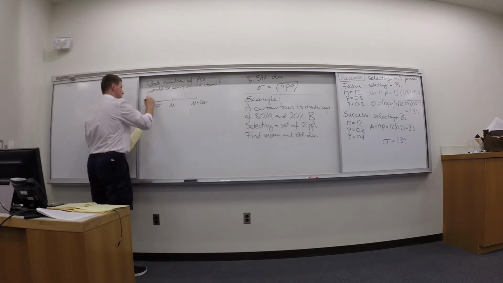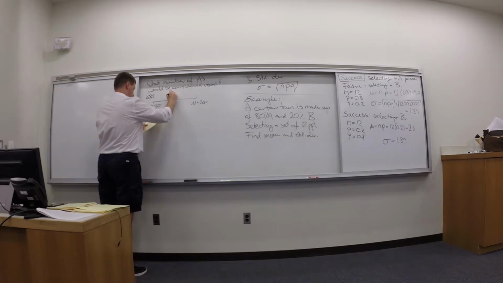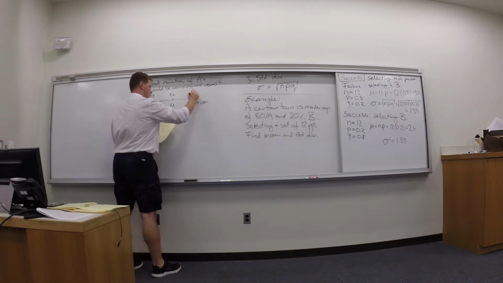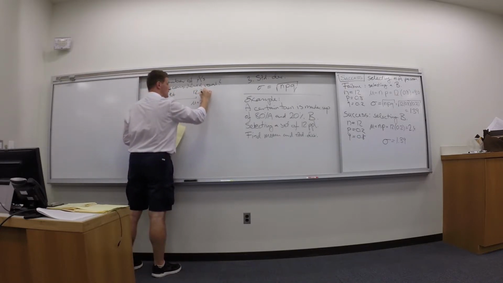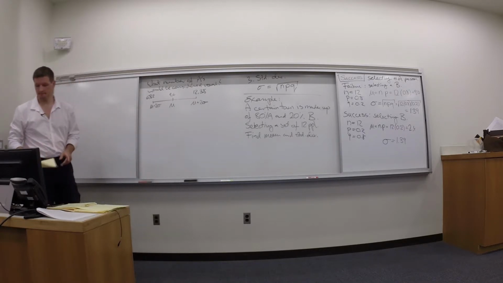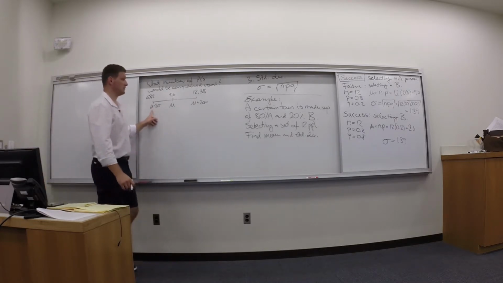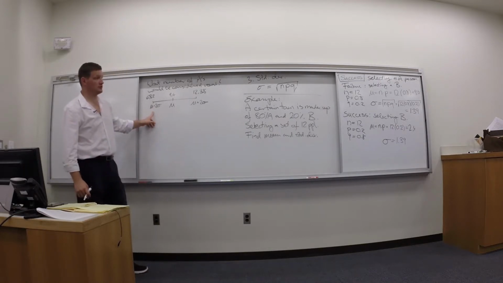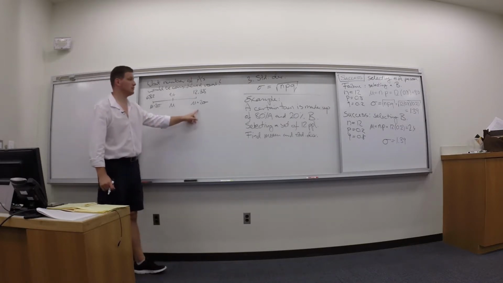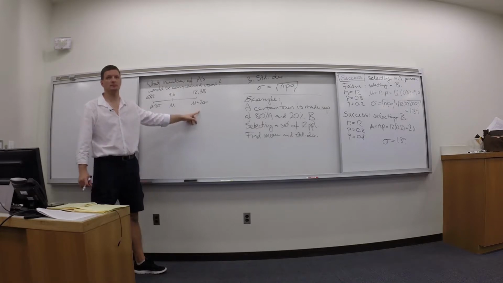In our case, that comes out to be 6.82 and 12.38. That is 9.6 minus 2 times 1.39 and 9.6 plus 2 times 1.39.